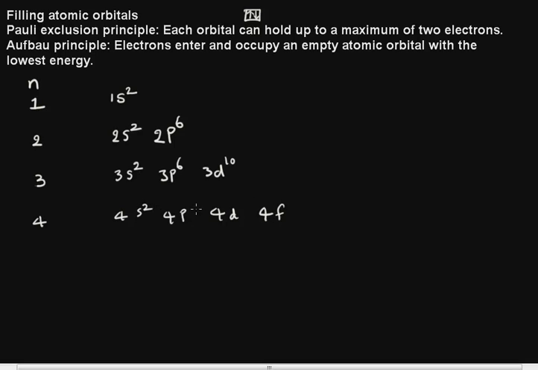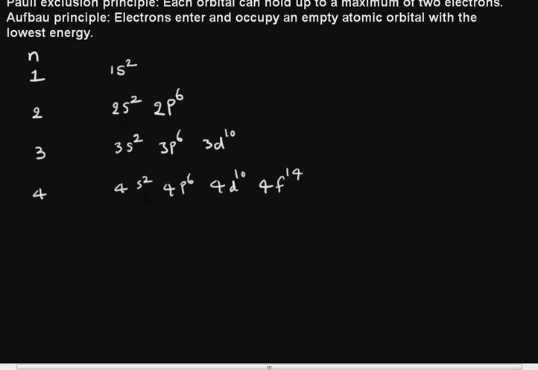So s is always 2 electrons, p is 6, d is 10, f can have a maximum of 14 electrons. And similarly, for the fifth shell, I can have 5s2, 5p6, 5d10, and 5f14.